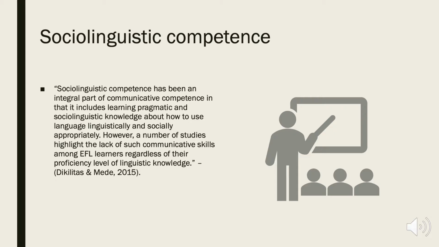However, a number of studies highlight the lack of such communicative skills among EFL learners, regardless of their proficiency level or linguistic knowledge. With that said, even first language English speakers don't necessarily have sociolinguistic competence skills, regardless of their knowledge of the language.